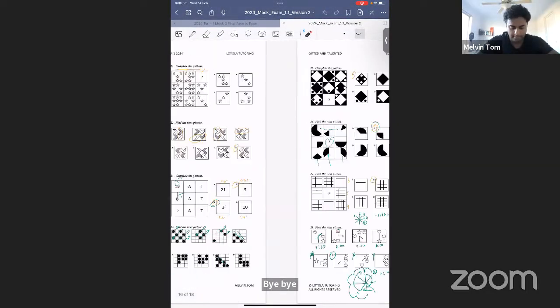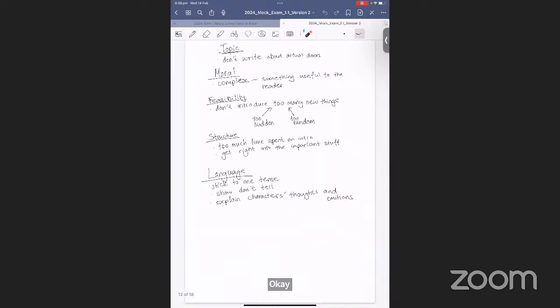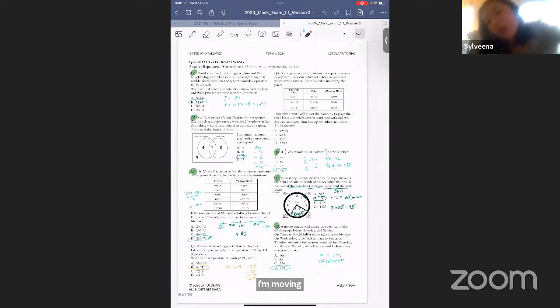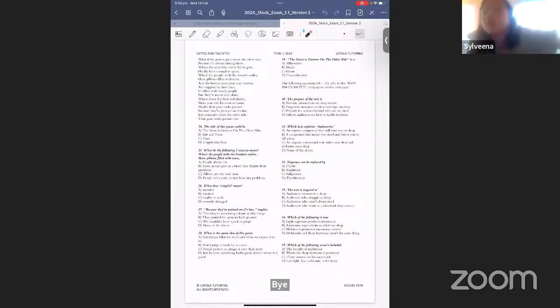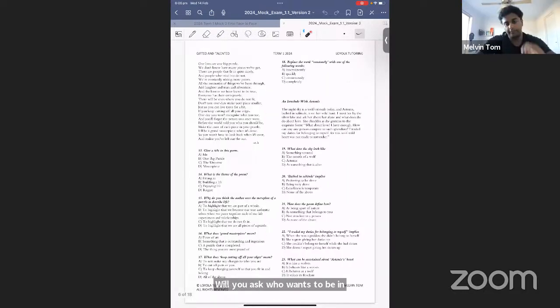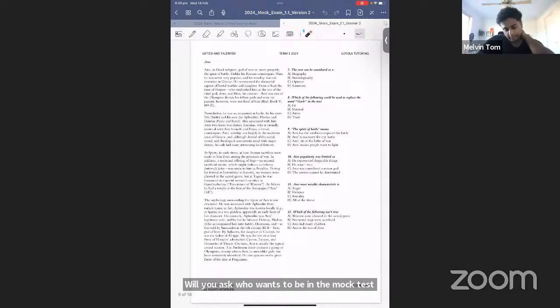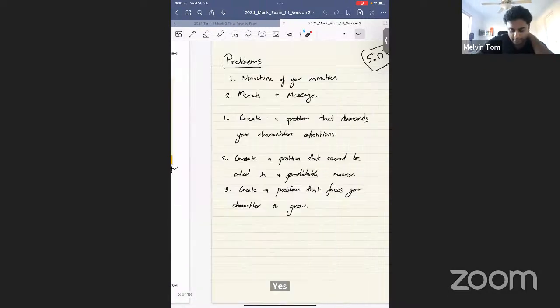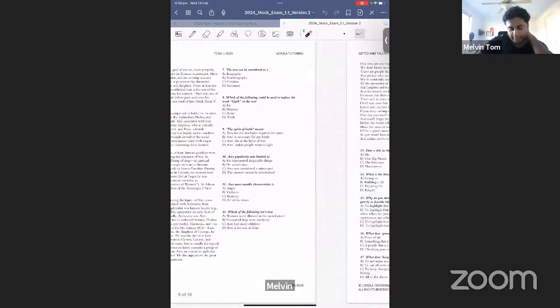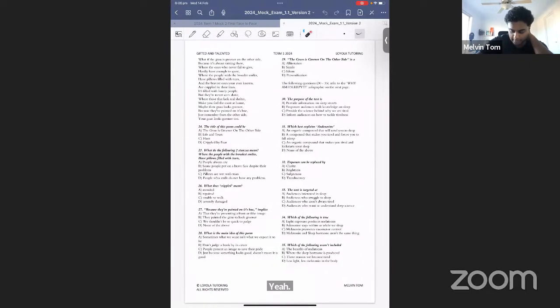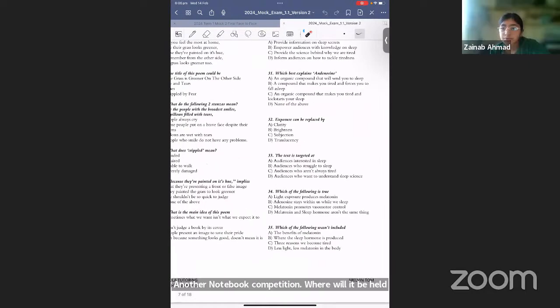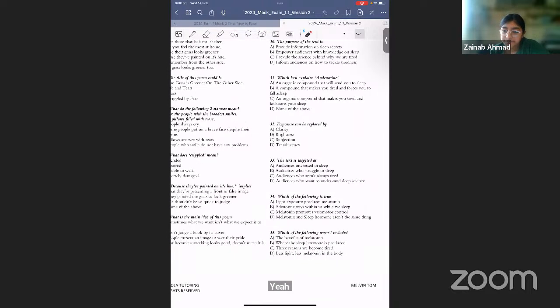Will you ask who wants to be in the mock test? Yes, I'll be in the mock test. For the notebook competition, where will it be held? On the final mock exam, we will ask everyone who wants to submit it, and then we will take a look, and then we will give the prizes on the masterclass day. We have an extra session on the 7th of March.